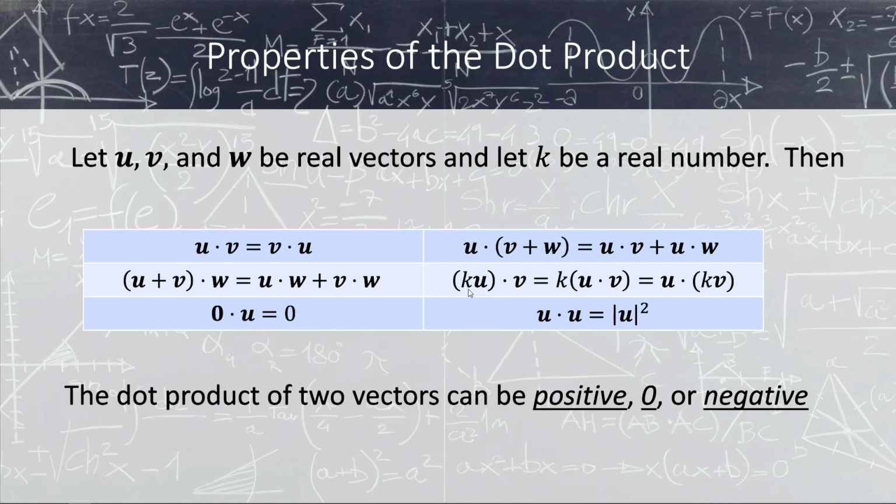If you dot any vector with a scaled version of another vector, then that scale can be outside the grouping symbol or actually grouped with the second vector. And if you dot a vector with itself, you have the magnitude squared of that particular vector. And notice that a dot product can either be positive, 0, or negative.